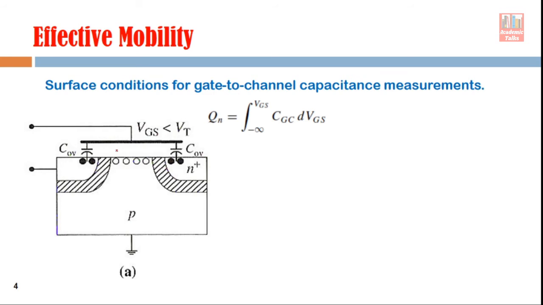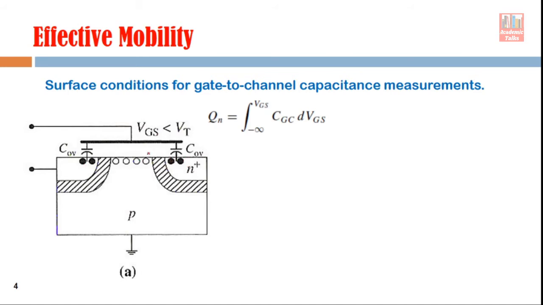Now, how do we do it? Let's start with this particular structure. Remember that this is an NMOS device, because this is P-type semiconductor material, so we fabricate an NMOS device in a P substrate, of course. Here you see this is the source region, this is the drain region. The drain and source are connected together.